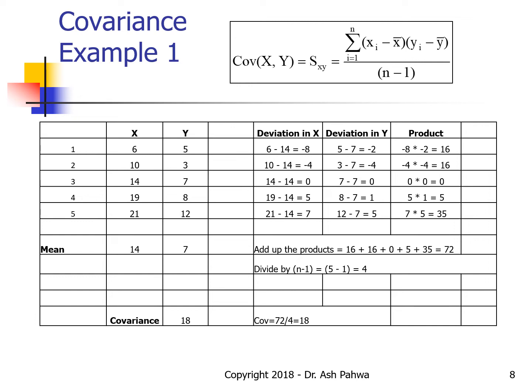And since the total number of observations here is 5, we are going to divide 72 by n minus 1. Since n is 5, n minus 1 will become 4. So if we divide 72 by 4, we get the value of 18. So the covariance between these two sets of data, x and y values, is 18.